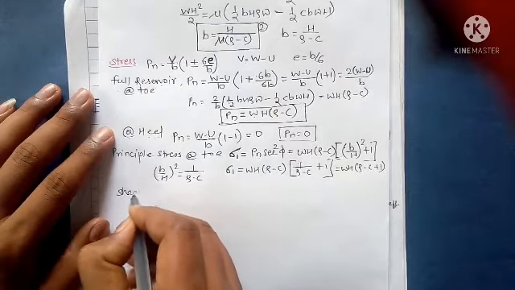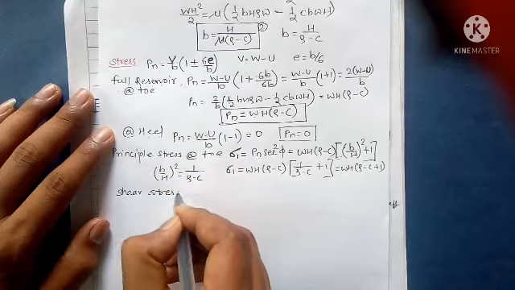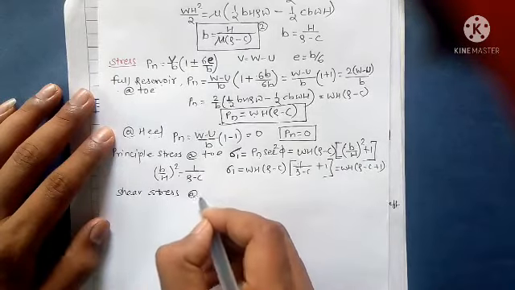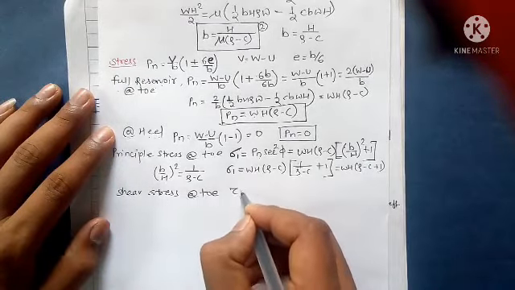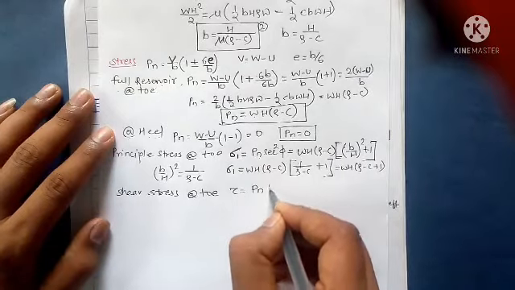Now the shear stress at the toe. We know the formula: tau at the toe is equal to Pn tan phi.